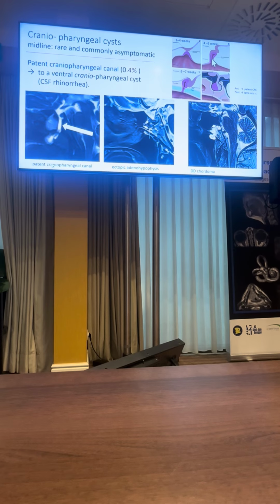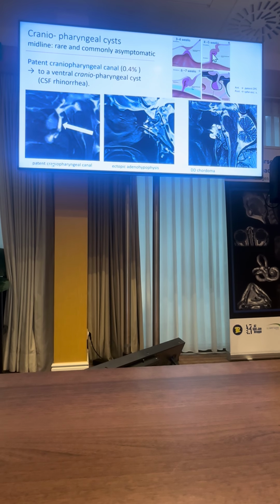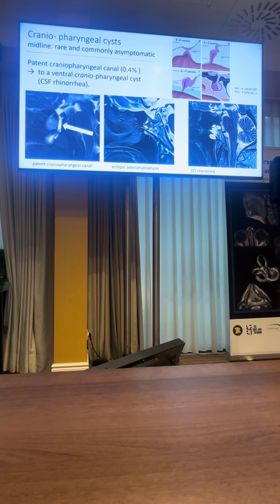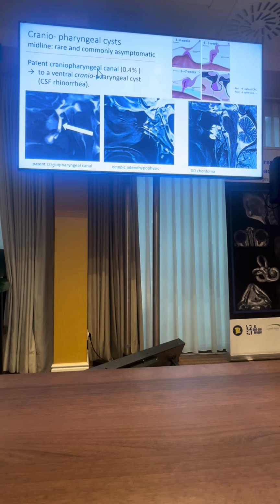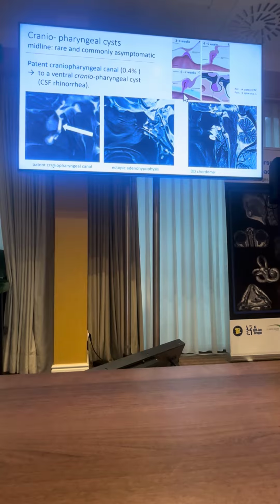You see there's formation of a duct, so this is the stomodeum, and this is the later Rathke's cleft pouch. This usually obliterates, but when it stays open, this is the craniopharyngeal canal. So there's a perforation from the anterior lobe through the floor of the sphenoid sinus into the nasopharynx.